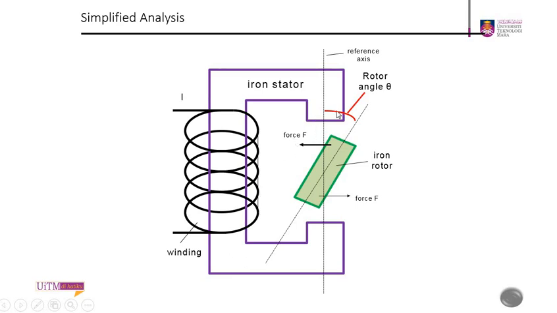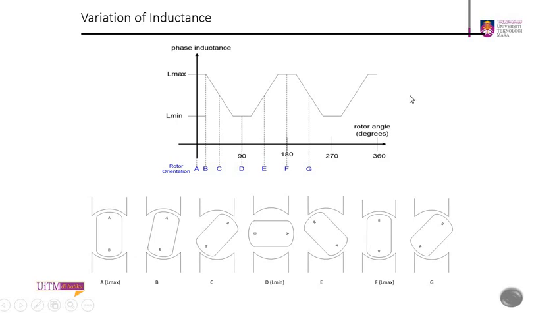Here you can see the phase inductance, from the rotor to the stator. The inductance is maximum in positions A and B, where you have the least reluctance.